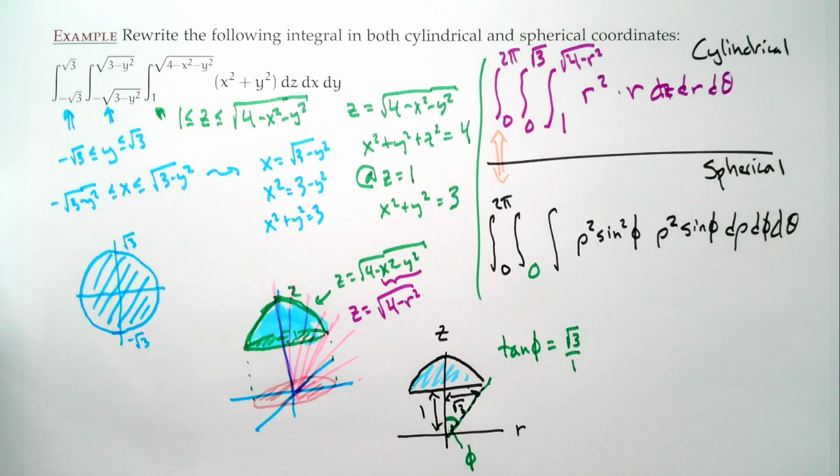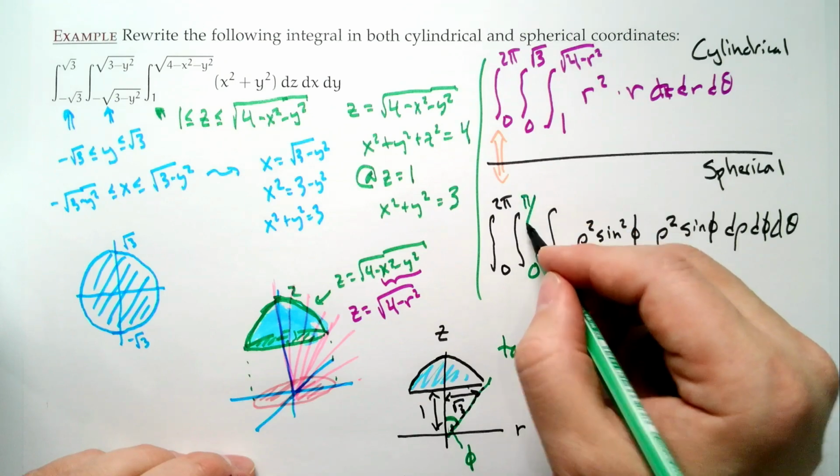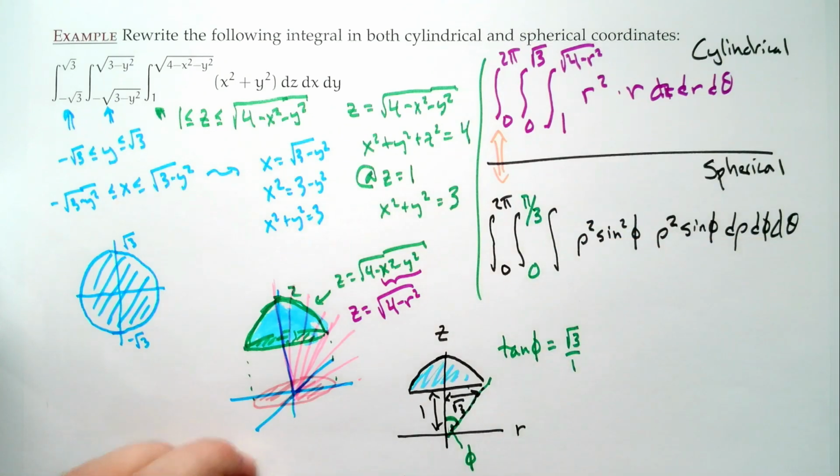It rhymes with pi over something. Well, it starts pi over. It's pi over 3. The picture's not very good. If I was a better artist, you'd be convinced. That looks like a pi over 3 angle. Right now it looks like 45 degrees. Obviously it shouldn't be, but it's pi over 3.